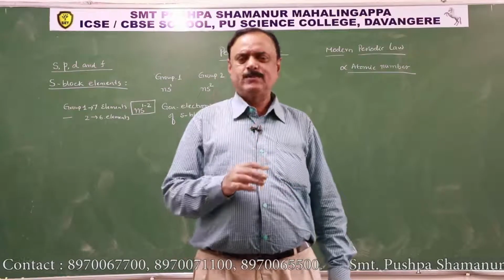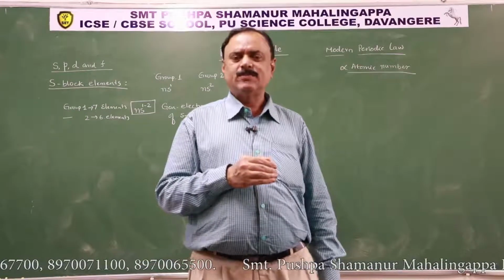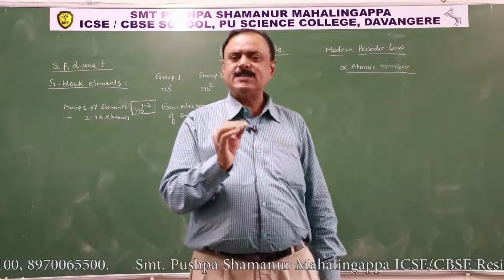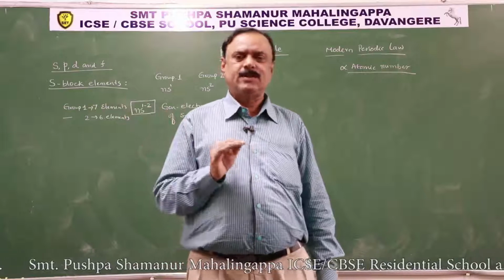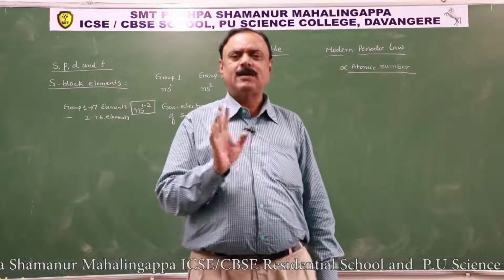Excluding these two, we have the elements from lithium to cesium. They are considered metals. Therefore, these 5 elements are called alkali metals. The number of elements is 7, but the alkali metals are 5.